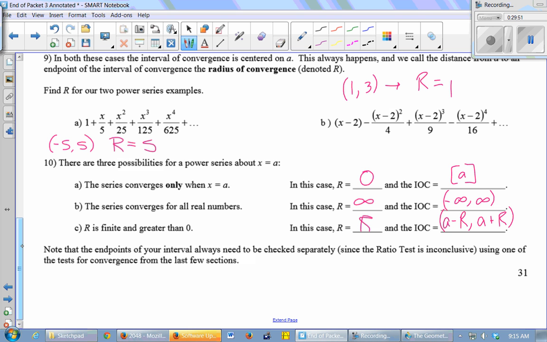Keep in mind, the endpoints of your interval always need to be checked separately because the ratio test is inconclusive when the limit of the ratio of consecutive terms equals 1. So you're going to have to use a different test from the last few sections.